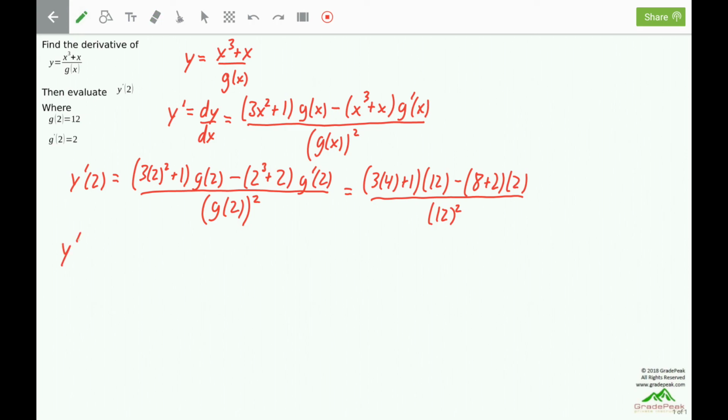So y prime of 2 equals 3 times 4, 12, plus 1 times 12, minus 8 plus 2, 10, times 2, all over 12 squared, which is 144. 12 plus 1 is 13 times 12, minus 10 times 2, which is 20, all divided by 144.